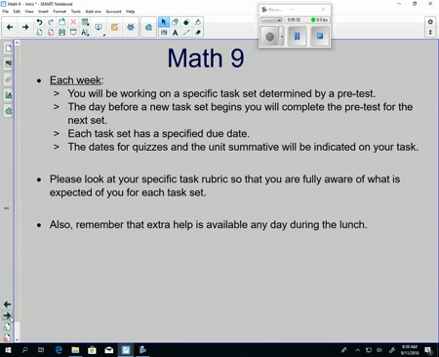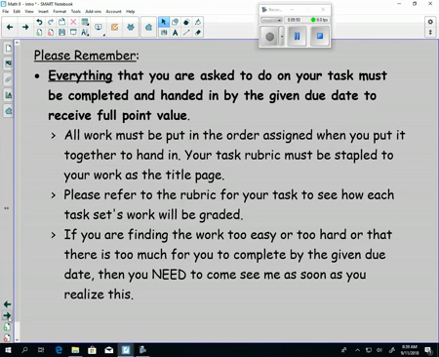Now today, we're just going to be reviewing some of the skills that you may have acquired in middle school or in past years. This is just a pre-test leading up to our first section on rational numbers. Again, everything must be complete and handed in by the given due date to get full point value.